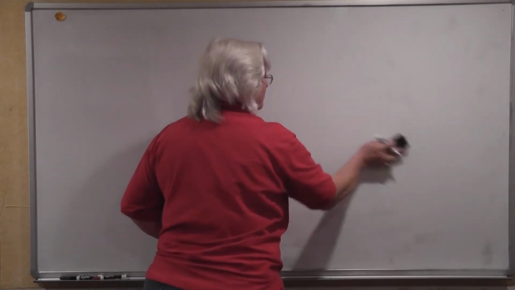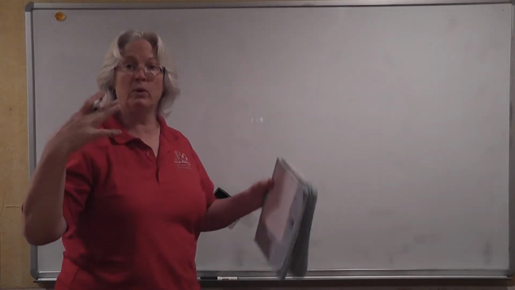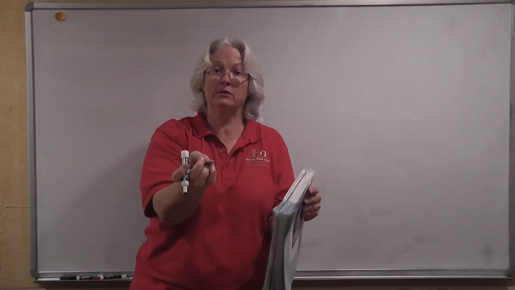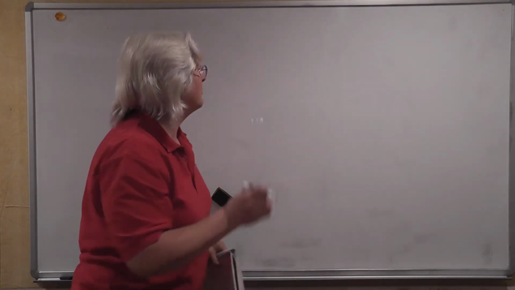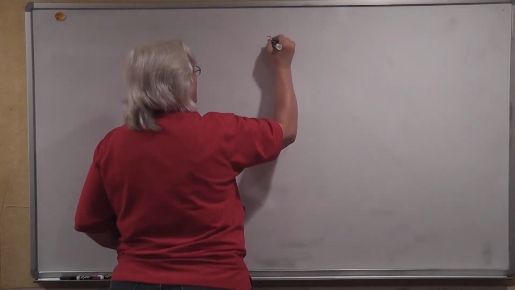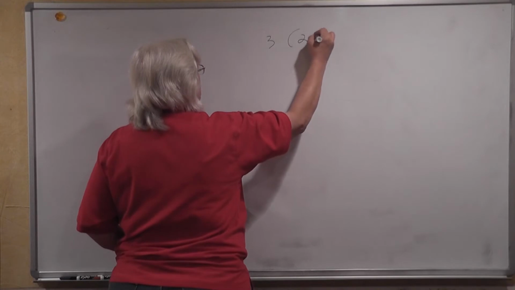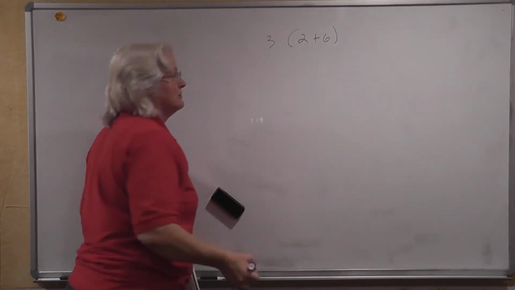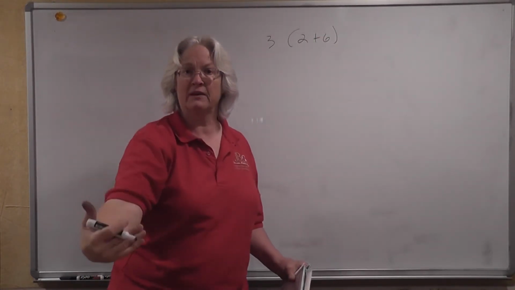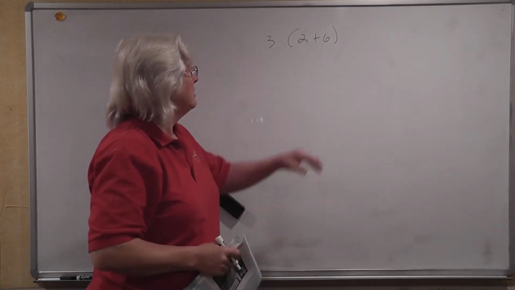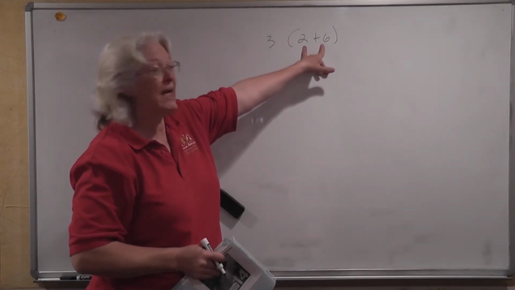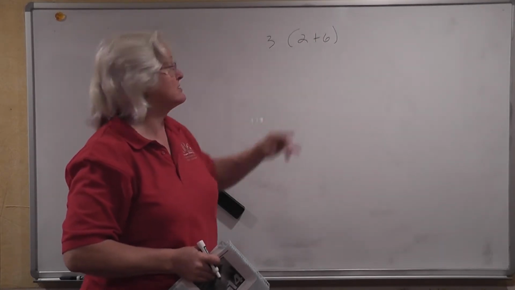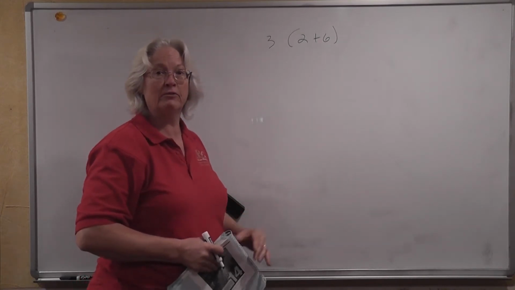Now, you've learned about grouping symbols. You know that when you have something in parentheses, you have to do that first. Perform that operation first. If I have 3 times the quantity 2 plus 6, we're ignoring the fact they have something called the distributive property, but you would add within these parentheses first. 3 times 8 would be 24.